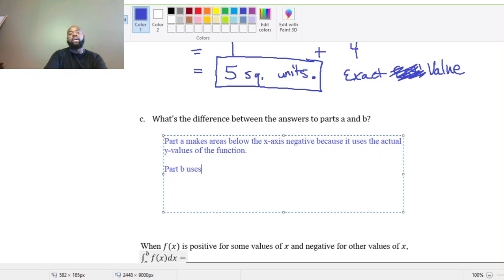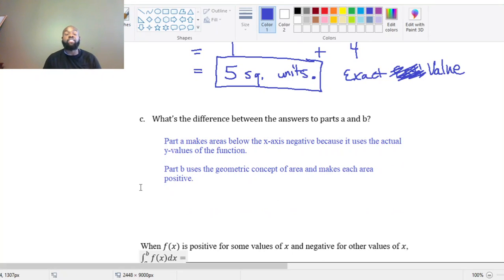Part B uses the geometric concept of area and makes each area positive. And so there are two things that we have to consider here.